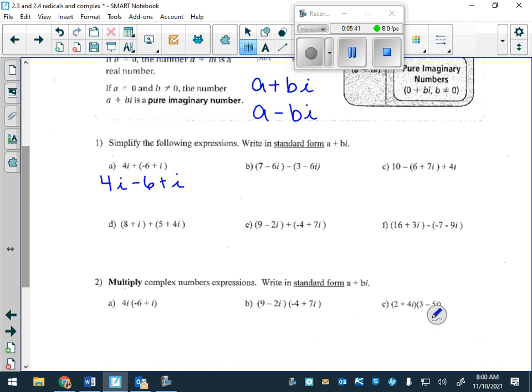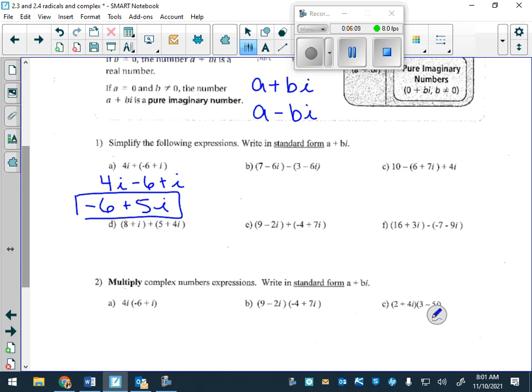And now I'm combining like terms. I don't have another whole number, so -6. What's 4i plus i? 5i. And look how I wrote it. It's your real number plus your imaginary.